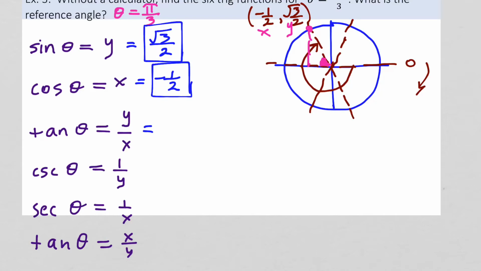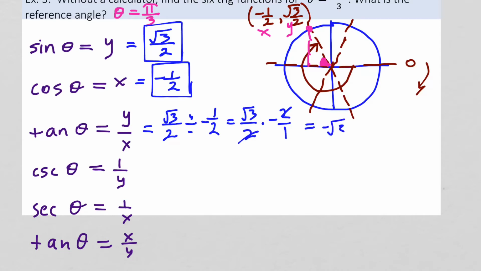My tangent is y divided by x, so that's root 3 over 2 divided by negative 1/2, which is root 3 over 2 times negative 2 over 1, which is negative root 3.